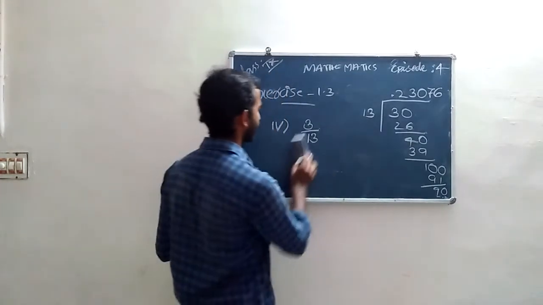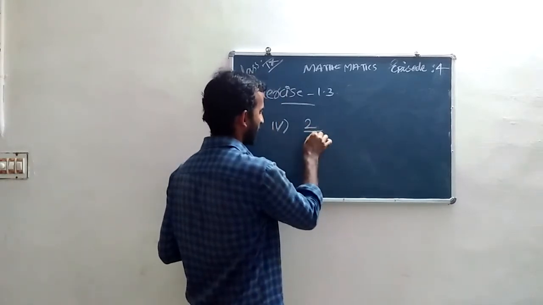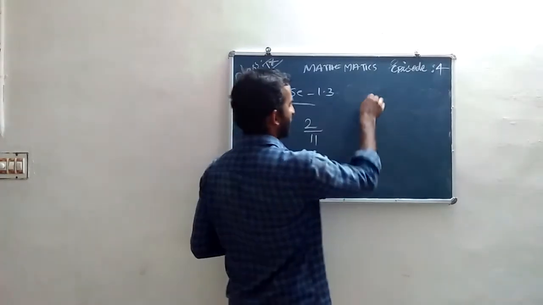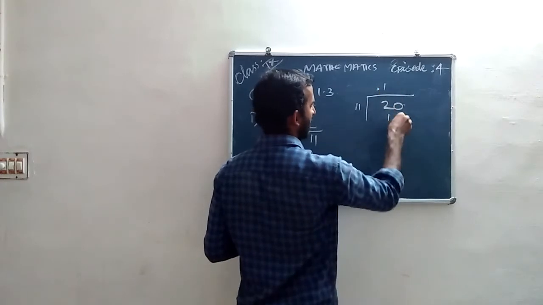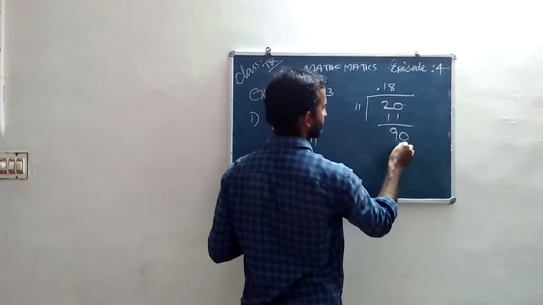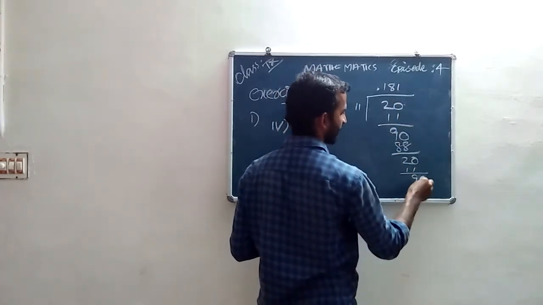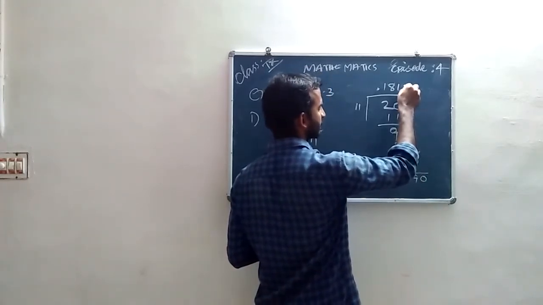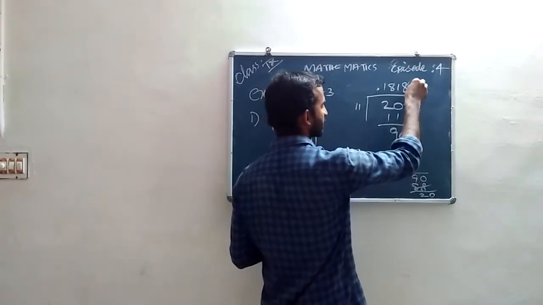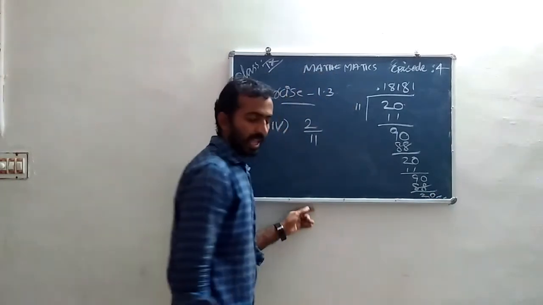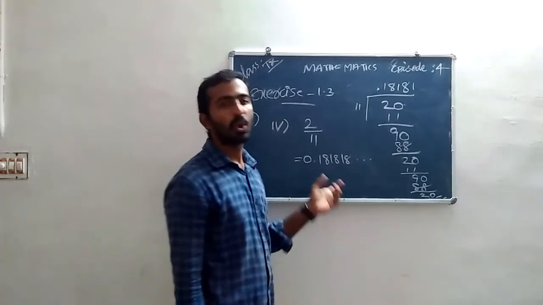And the next question is 2 by 11. Then we divide 2 by 11, and the answer is 0.181818 etc. Here 18 is repeating.